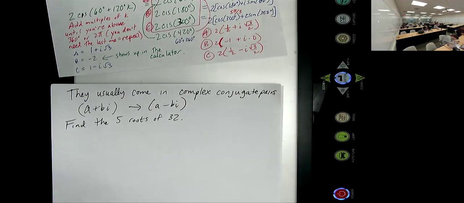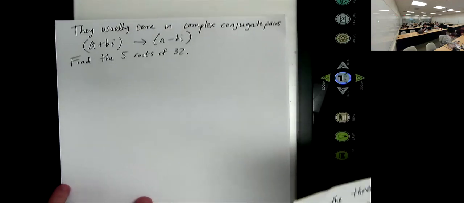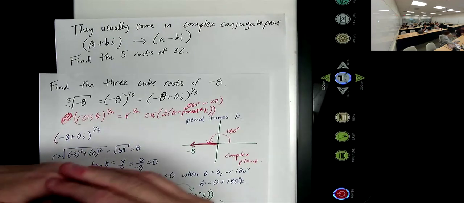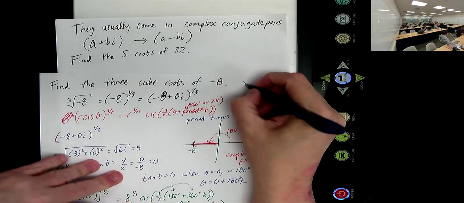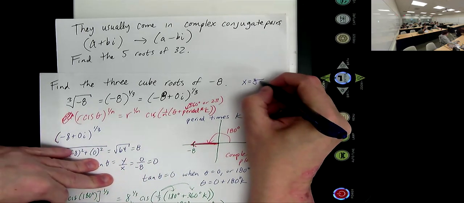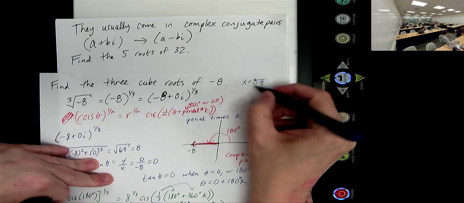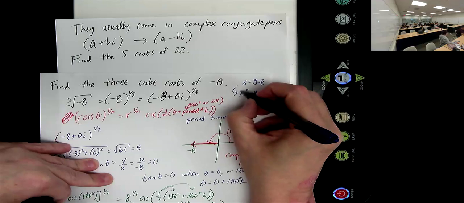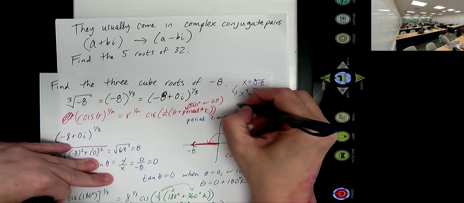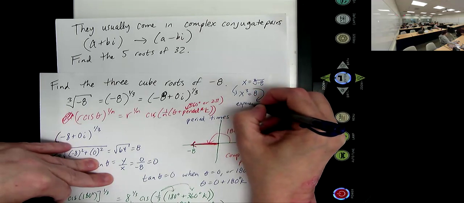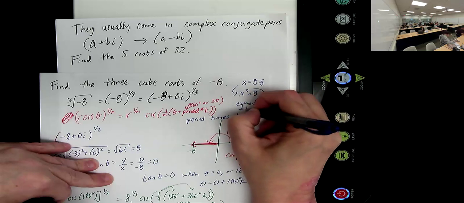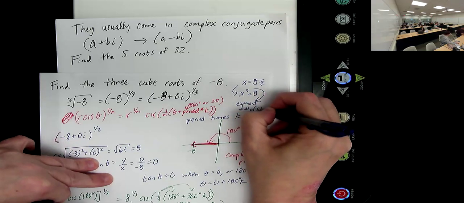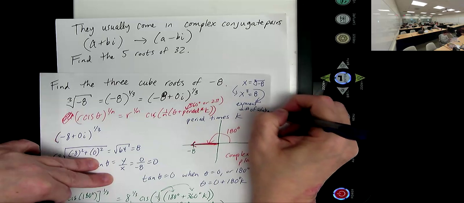Actually, I'm gonna show something else real quick to motivate why there's 3. If we said x equals the cube root of negative 8, and I cube both sides, I get x cubed equals negative 8. And the exponent, this is a rule in algebra, the exponent says the number of solutions, the number of answers.